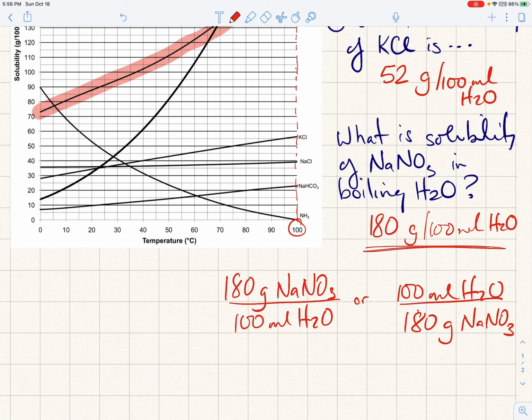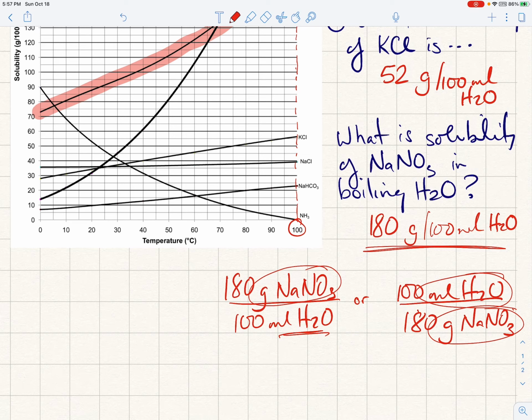So if you're given a volume of water, you could calculate with the unit multiplier, the solubility, the mass of the salt that could dissolve in that water at a given temperature. If you were given the mass of salt, then you could calculate the volume of water needed to dissolve that salt at a given temperature, right?